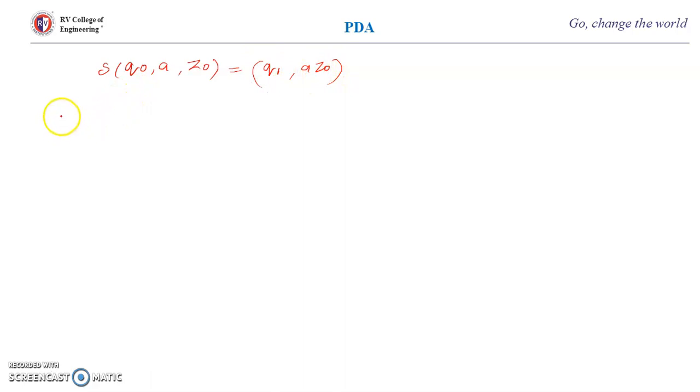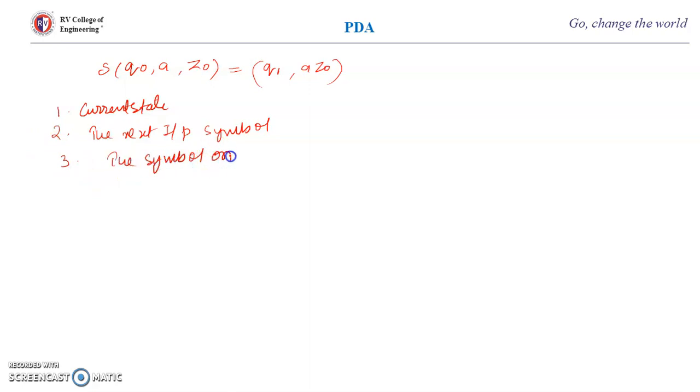So the action performed by the PDA depends on three things: the current state, then the next input symbol, which is the second parameter of the transition function, and then the third parameter, the symbol on the top of the stack.